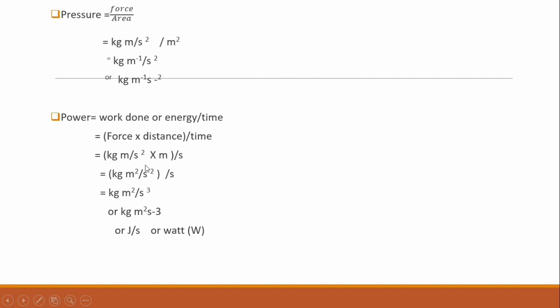Don't forget this is the denominator, so you are dividing with it. So you have kg meter square per cubic second.